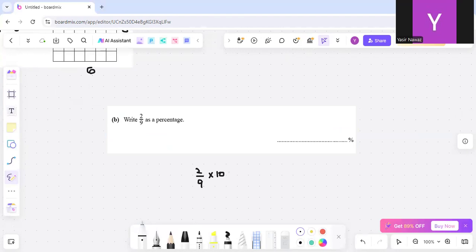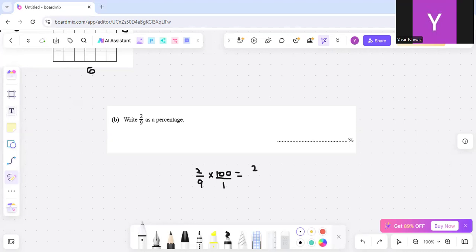To multiply these kinds of things, you can write 1 in the denominator of 100, because it was not a fraction, but now it becomes a fraction. Now you can multiply a fraction with a fraction.